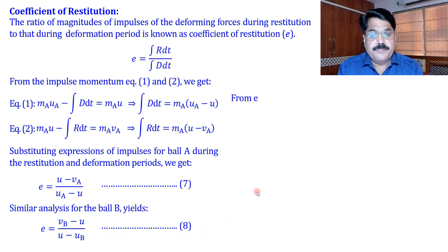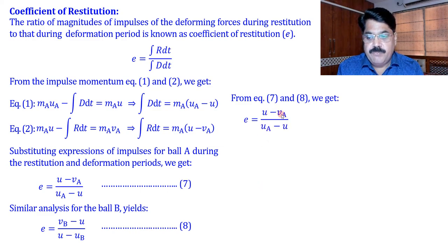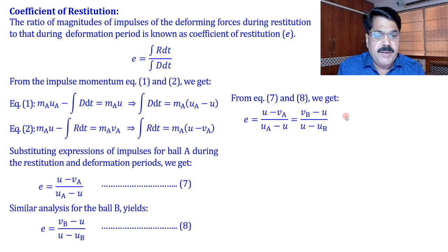Now what can we do? From equations 7 and 8, we get e is equal to (u minus v_A) upon (u_A minus u), and this is equal to (v_B minus u) upon (u minus u_B). Now it is a well-known fact that if we add the numerators and denominators of these two expressions, we get the same ratio.